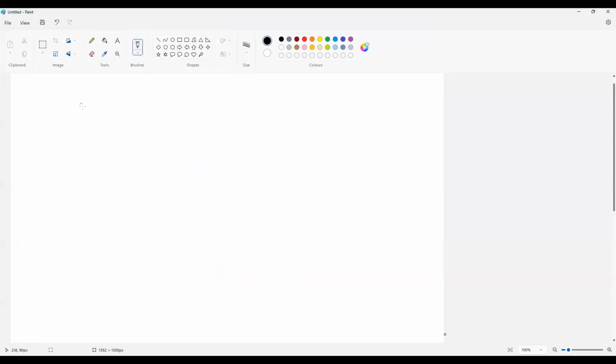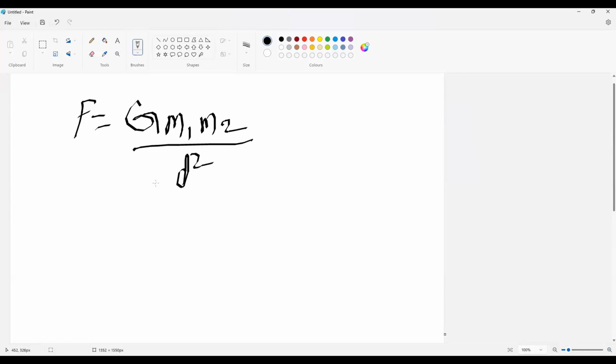So let's see what this Newton meter square is. We know that F is equal to G M1 M2 divided by D square.